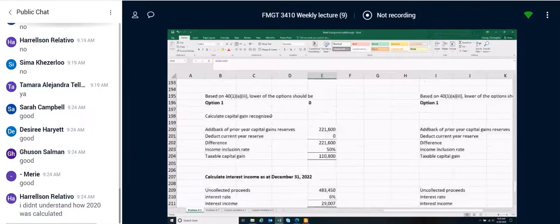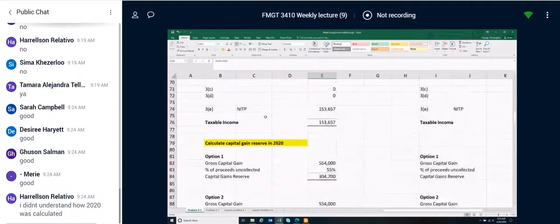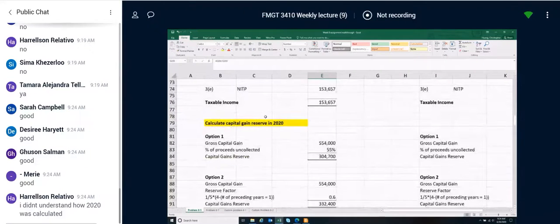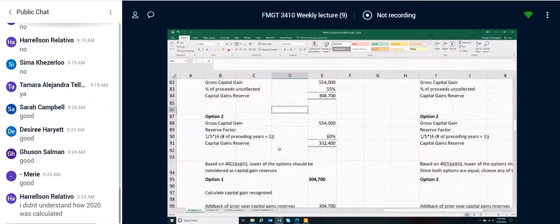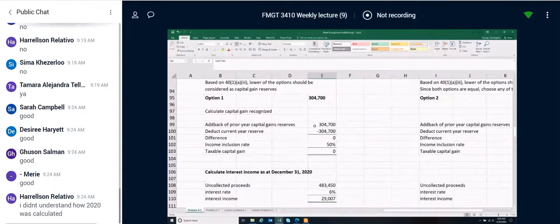You understand 2020? All right. Again, 2020, you have your reserve of 3047. One year has passed, so now under the 5-year rule, you go down from 80 to 60. Looking at these numbers, 3047 is still bigger, so there's no change in your reserve. There's no capital gain. Does that help you, Harrison? I'm not sure what specifically you don't get about 2020.